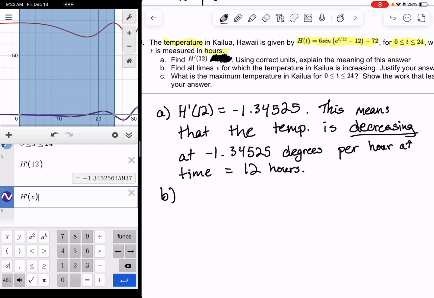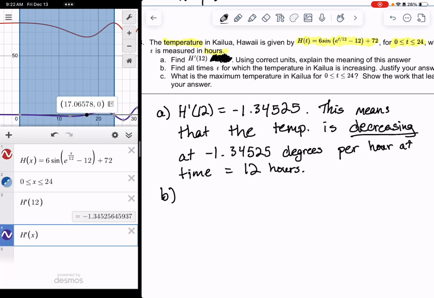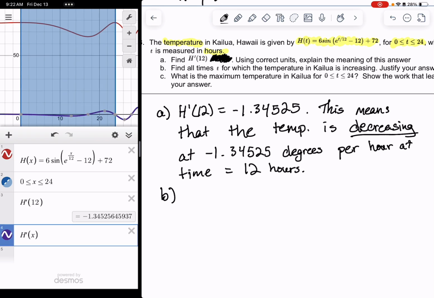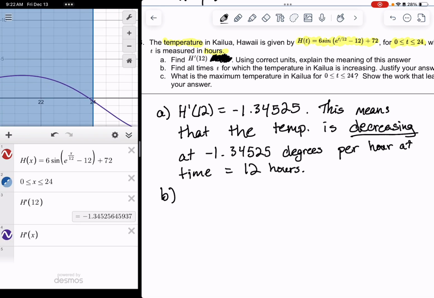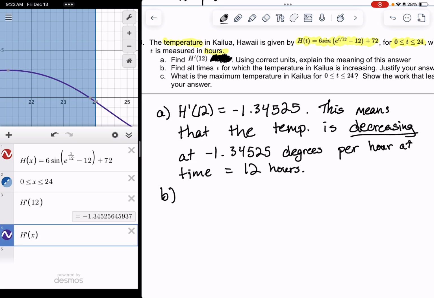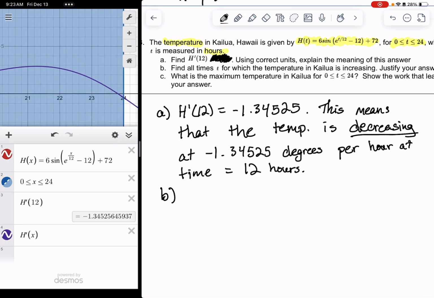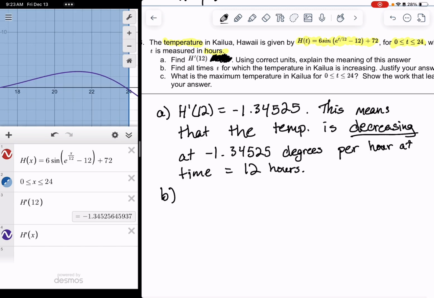For when it's increasing, we are negative from 0 all the way to this number right here, 17.06578. And then it appears that we're just about right before 24. I'm going to zoom in on that number there. Yeah, it's increasing up until 23.8341. So let's try to get those two numbers together.